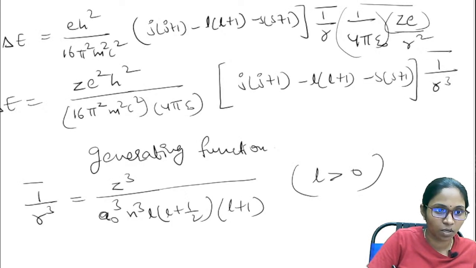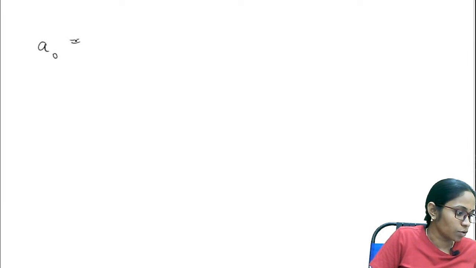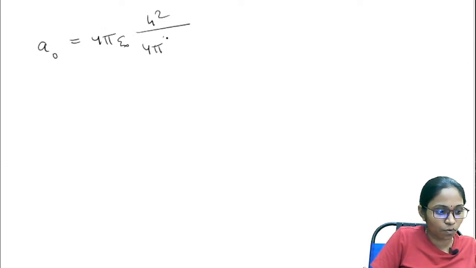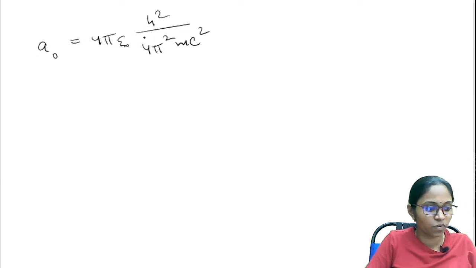Its value, a naught, the Bohr's smallest orbit value, is equal to 4 pi epsilon naught h square by 4 pi square m e square.